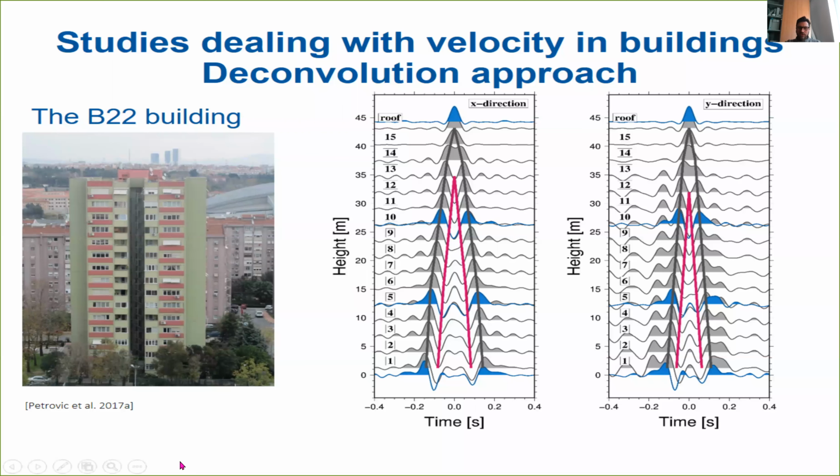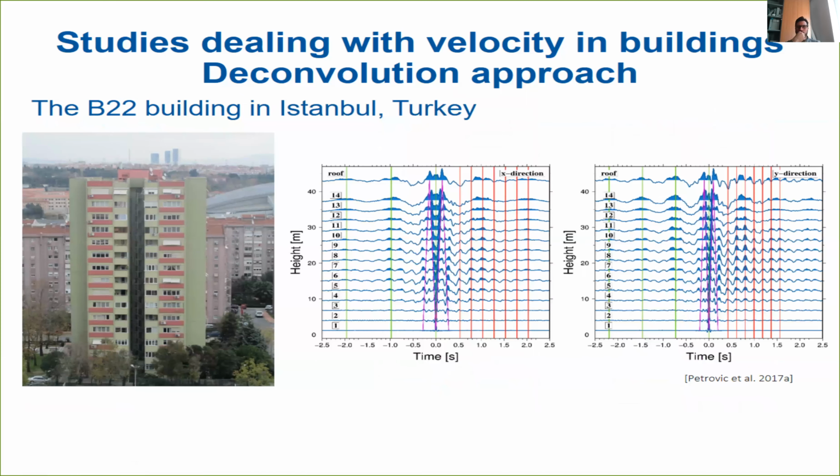One interesting point that we noticed was that we had here a clear propagation of upgoing and downgoing waves, but we could also find some signals starting from the 13th floor having a clear change of polarities in the X, but also in the Y direction, something that we really didn't expect at the time, and that was, of course, consistent with a change of the characteristics of the building at that level.